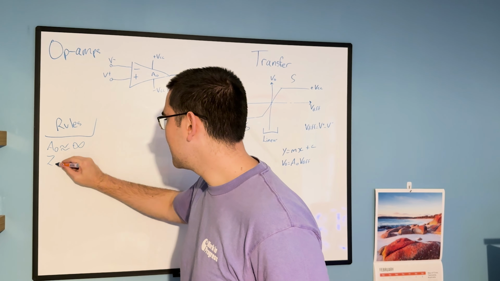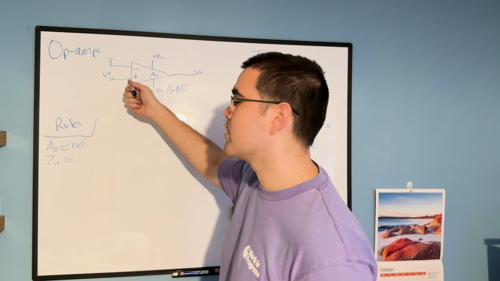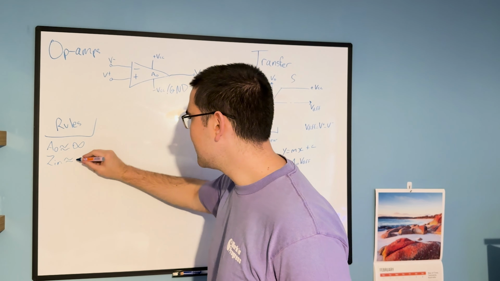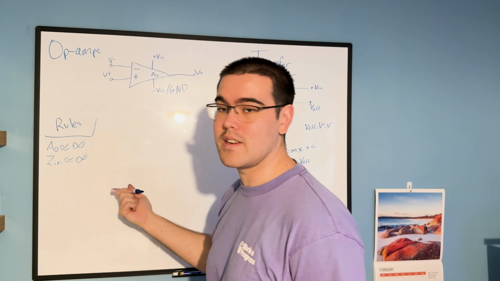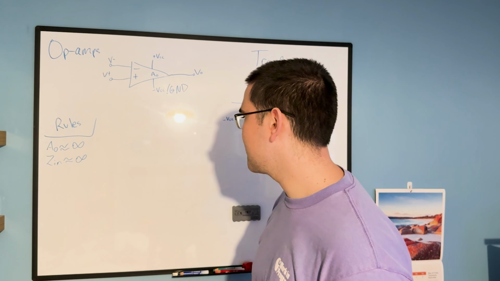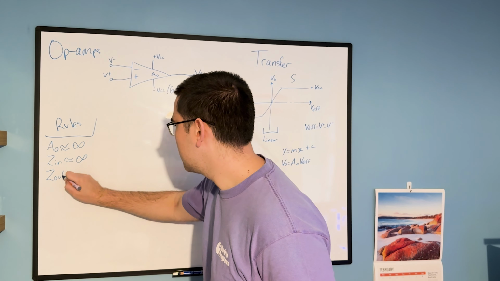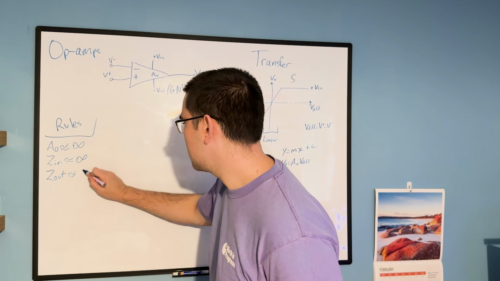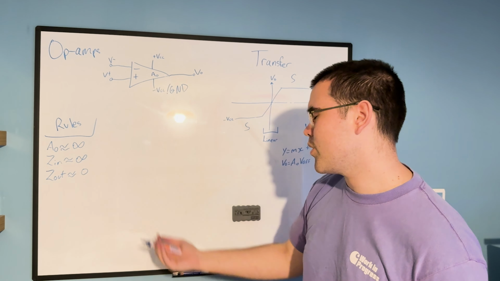We also have an input impedance. Within these inputs, there's an impedance, and it's a very large impedance, typically infinity in the ideal case, very big. However, we have an output impedance which is very low, about 0 in the ideal case.